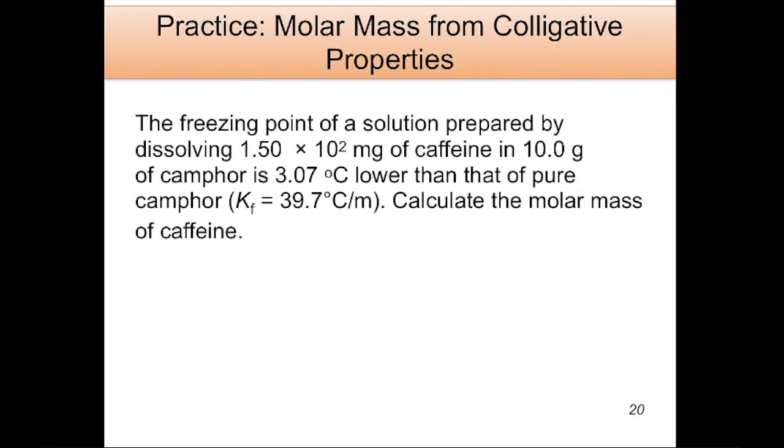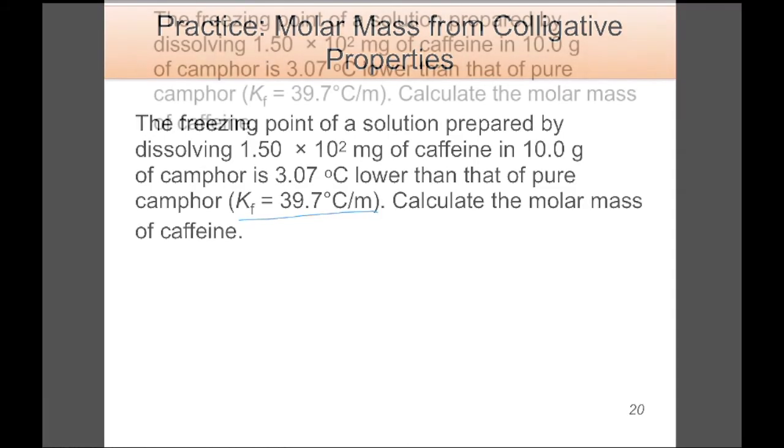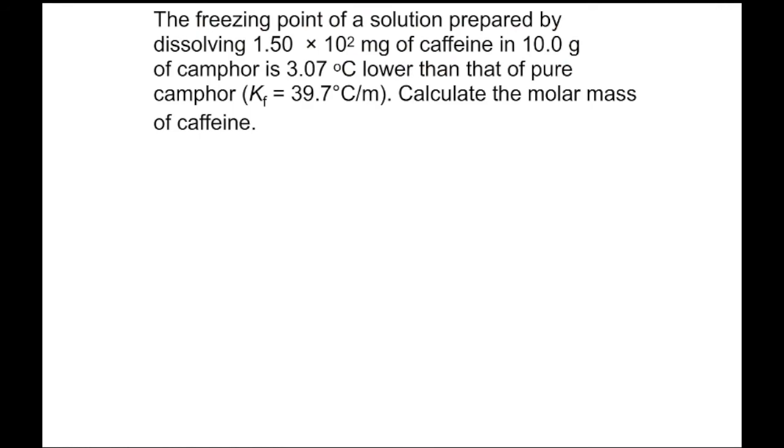So we're given that the freezing point of a solution prepared by dissolving 150 milligrams of caffeine in 10 grams of camphor is 3.07 degrees Celsius lower than that of pure camphor. We're given the freezing point depression constant, Kf, and we're asked to find the molar mass of caffeine. Since this is a freezing point depression calculation, we're going to be using this equation. We're given delta Tf as 3.07.